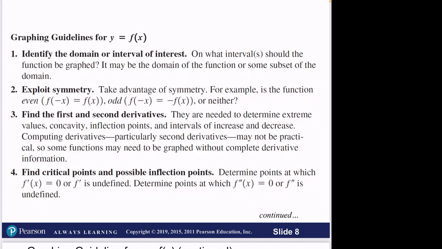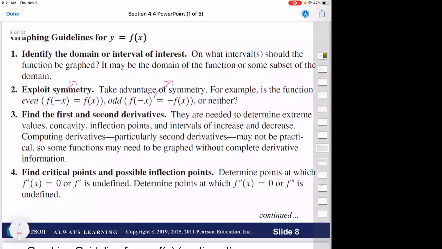I don't know if you remember, symmetries mean that an even function is symmetric with respect to the y-axis, and odd functions are symmetric with respect to the origin. For example, y equals x squared is an even function, and so on. That helps us to determine the graph.